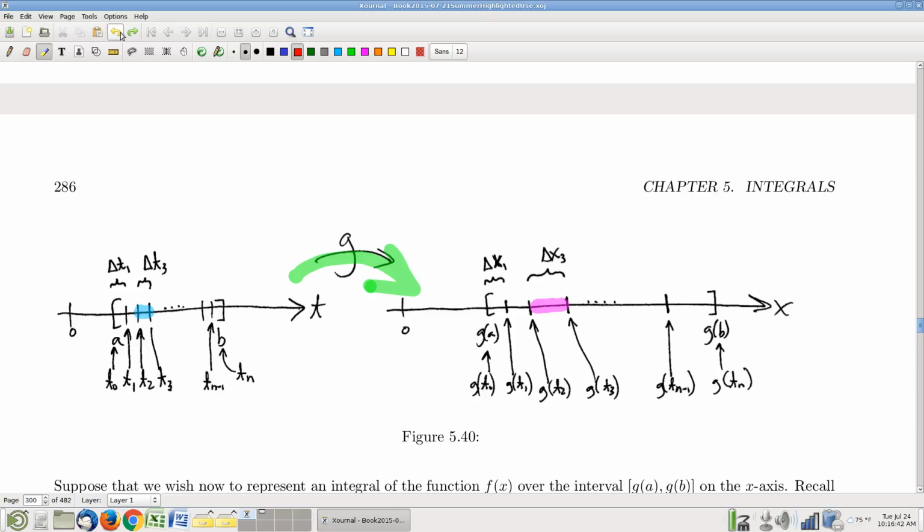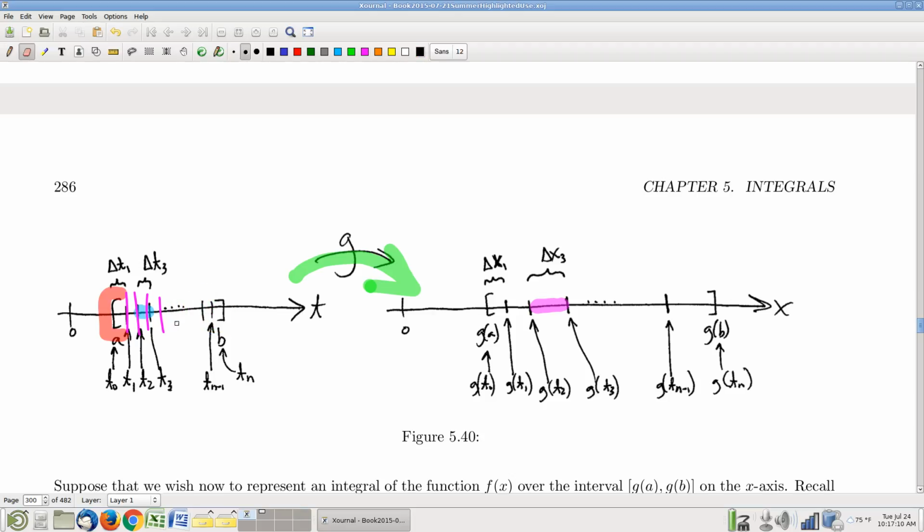Let me further note that if I were to take this interval on the t-axis, and do what we typically do on intervals on the x-axis and chop it up, this is our slicing process. Imagine we're interested in integrals. Well, we slice it up in this very special way, even slices, delta t equals b minus a over n, all that typical stuff. Then I get what we call a partition of this interval.